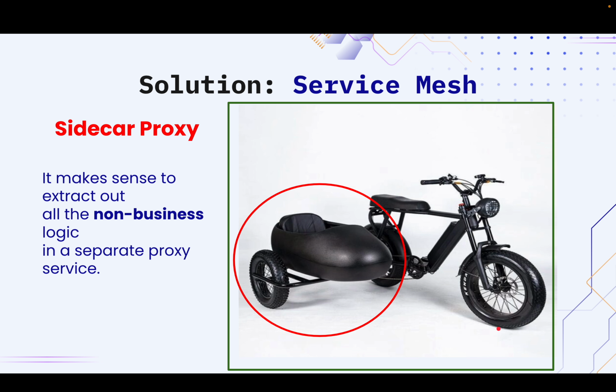The non-business logic we can inject as another container called a sidecar, and we write the non-business logic in this sidecar or proxy service. It definitely makes sense to extract all the non-business logic into a separate proxy service. This sidecar is a separate proxy service that extracts all the non-business logic from the actual microservice. Okay, so that is the service mesh solution.